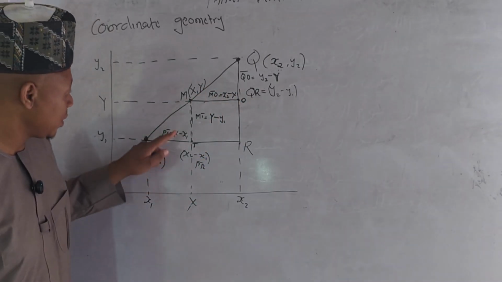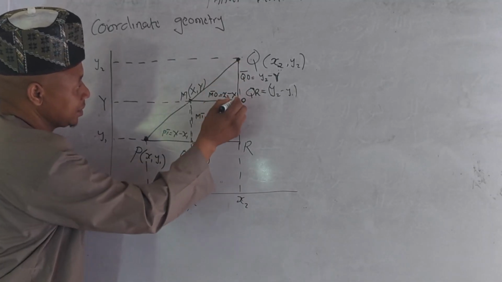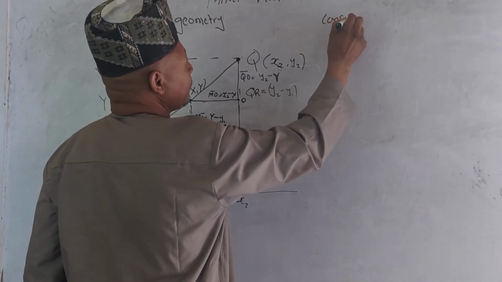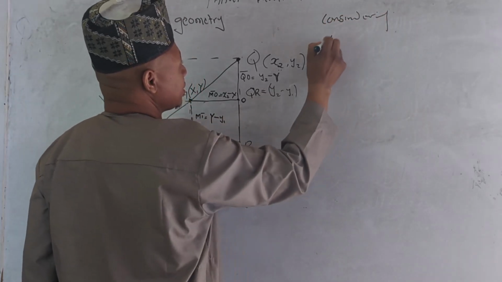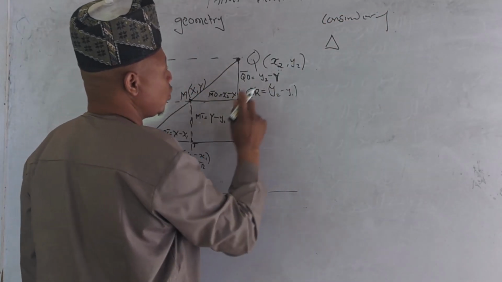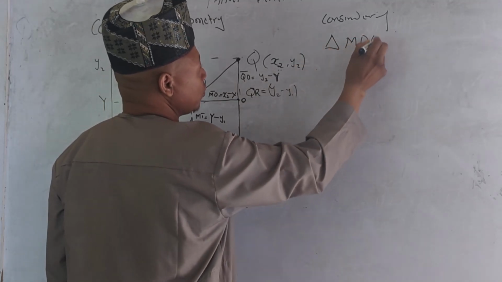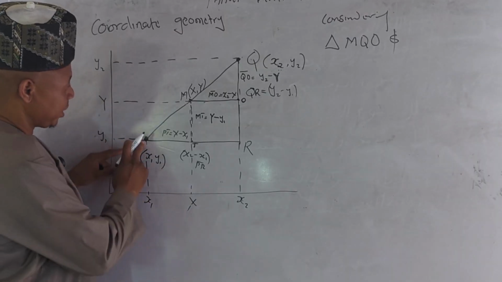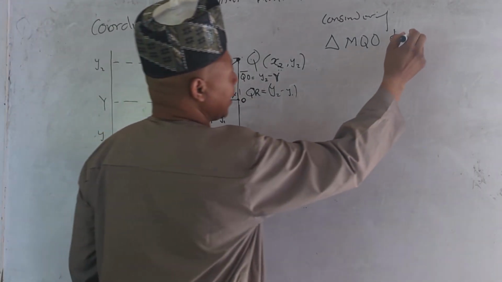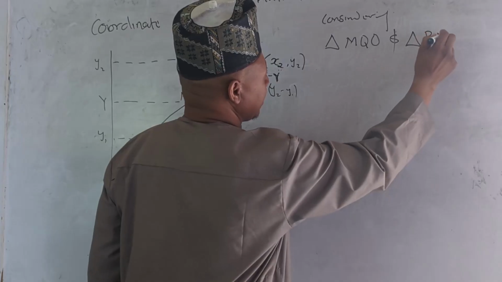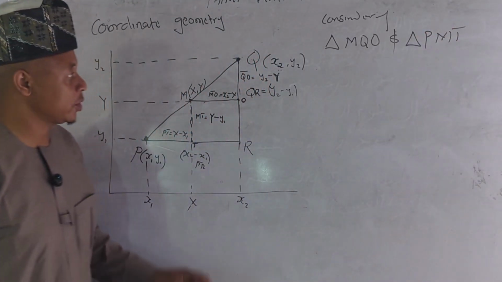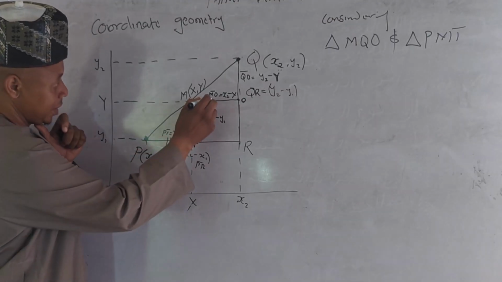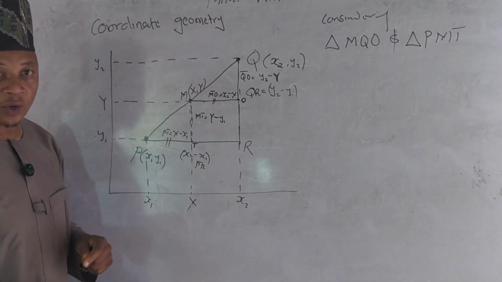So now looking at these two triangles, considering triangle MQO and triangle PMT, we'll notice that this line is the same as this line, because these two triangles are congruent.